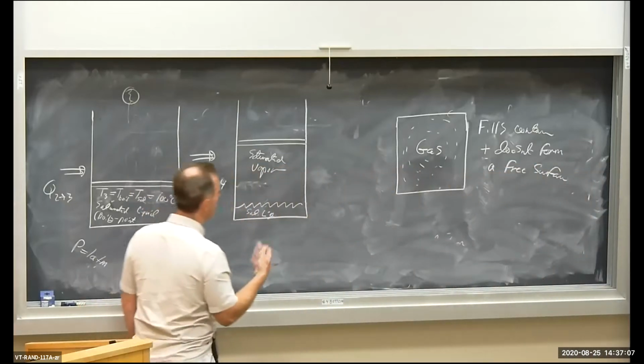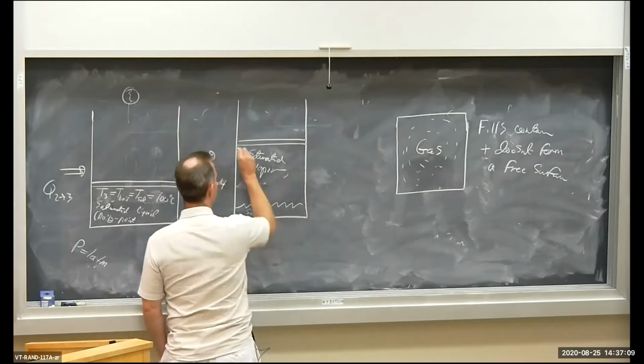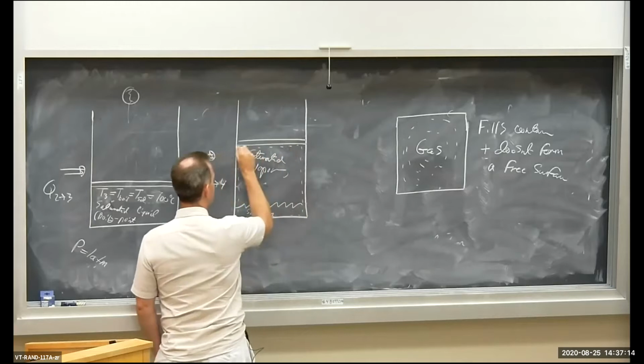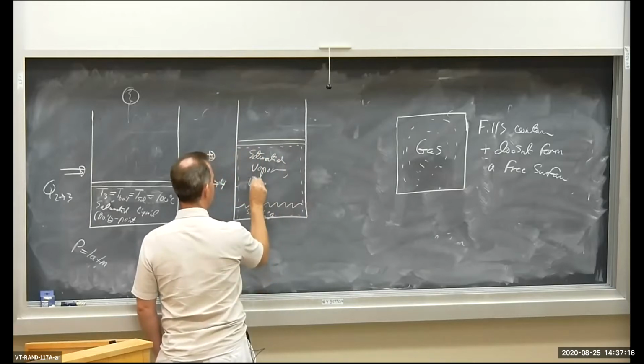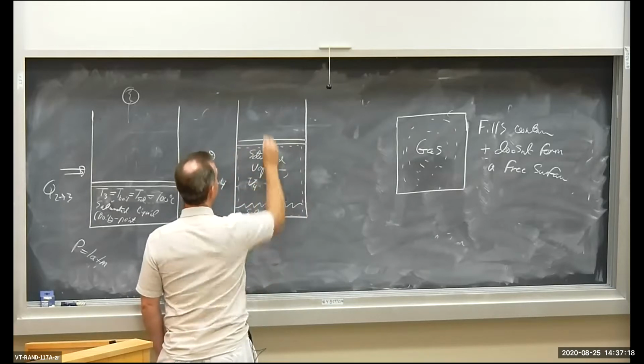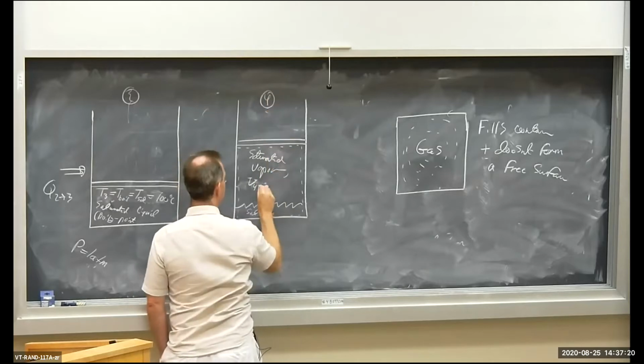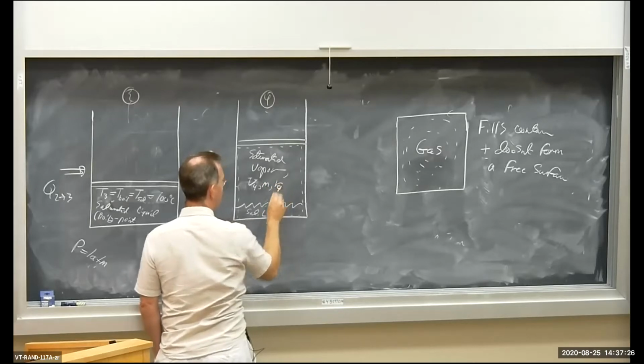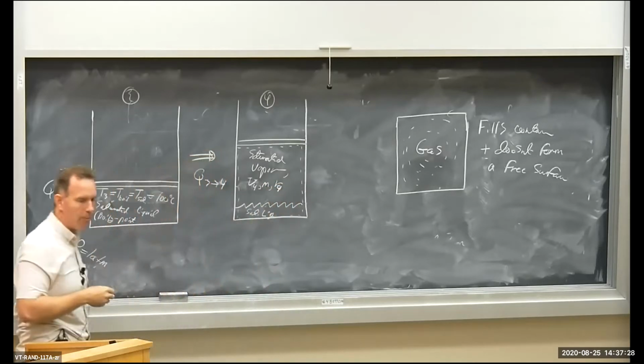And if I measure the volume of the whole thing, so I have a certain volume, V4. I have a certain mass, so I have a specific volume, v4. And I'm going to put that up on my diagram in just a moment, okay?